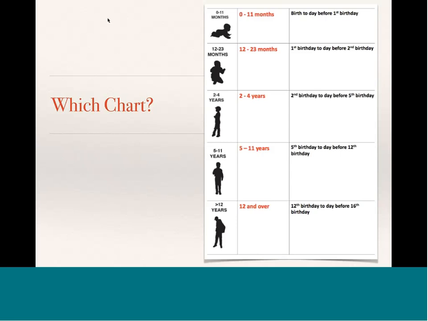It's birth to the day before their first birthday. Similarly, in the second chart, it's to the day before their second birthday, and with the 2 to 4 years, we actually had to change this because initially it was 2 to 5 years, and people think, well, the child's 5 years old, we'll just use another chart. But in fact, we had to put it to 2 to 4 years.